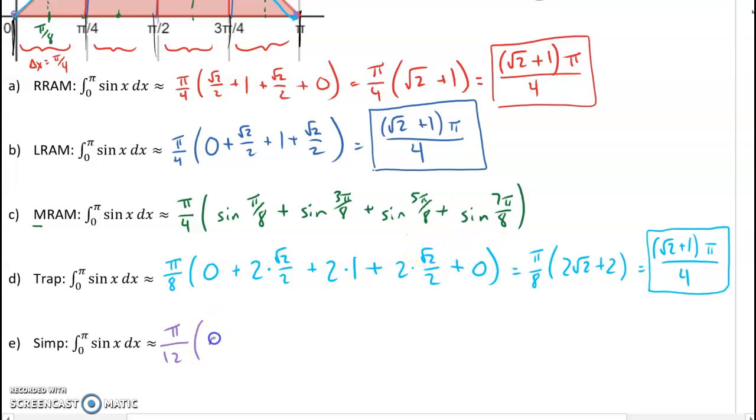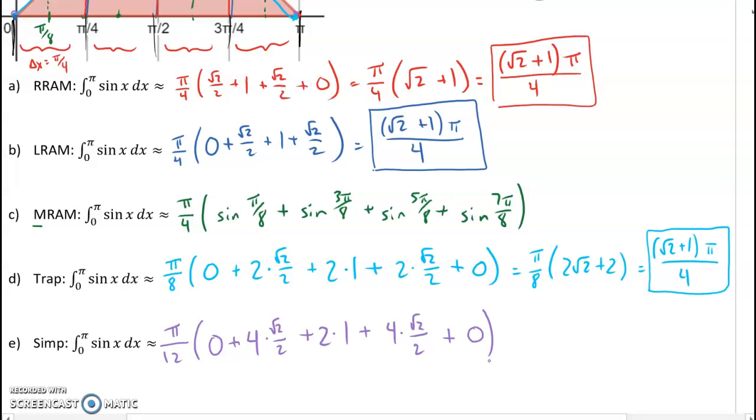Remember that the first coefficient is 1, and then we use 4, and then we use 2, and then we use 4, and then we keep on going back and forth between 4 and 2 until we get to our last 4, which is the second to last term, and then we go to coefficient of 1 for our last y value.